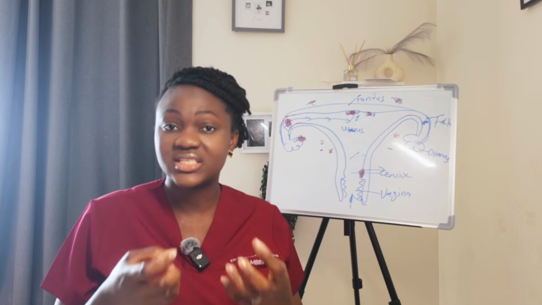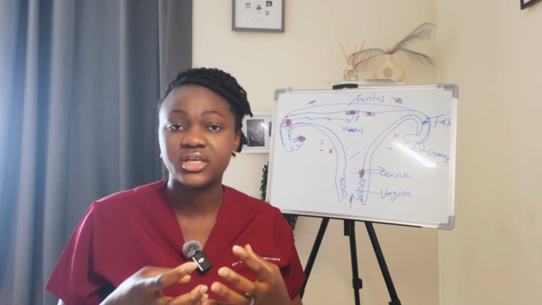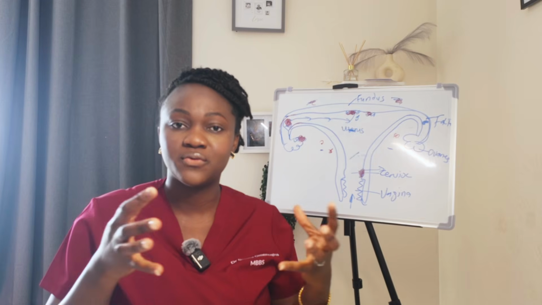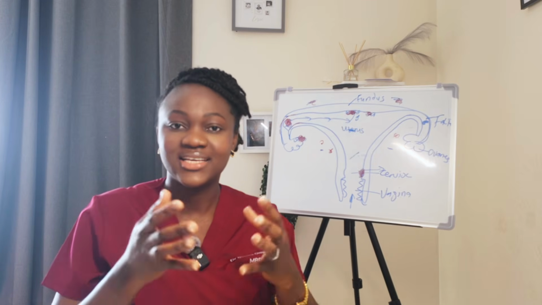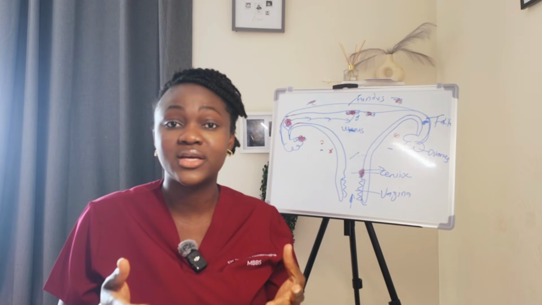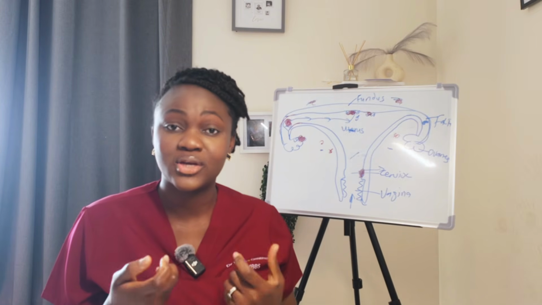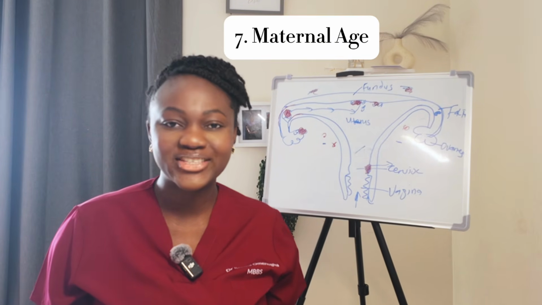But if fertilization and implantation eventually occur, it is most likely going to happen outside of the uterus, because of course the IUD is within the uterus. So it will find its way, for the stubborn ones, to implant outside of the uterus, and this will predispose to ectopic pregnancy.